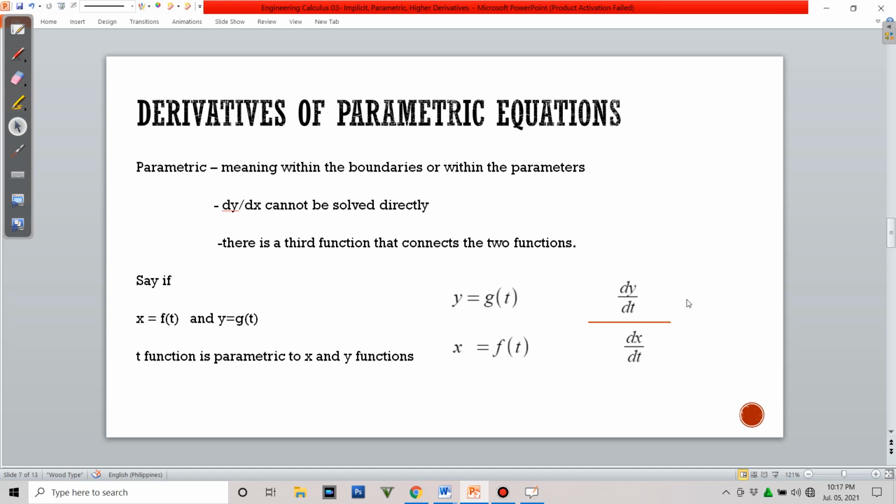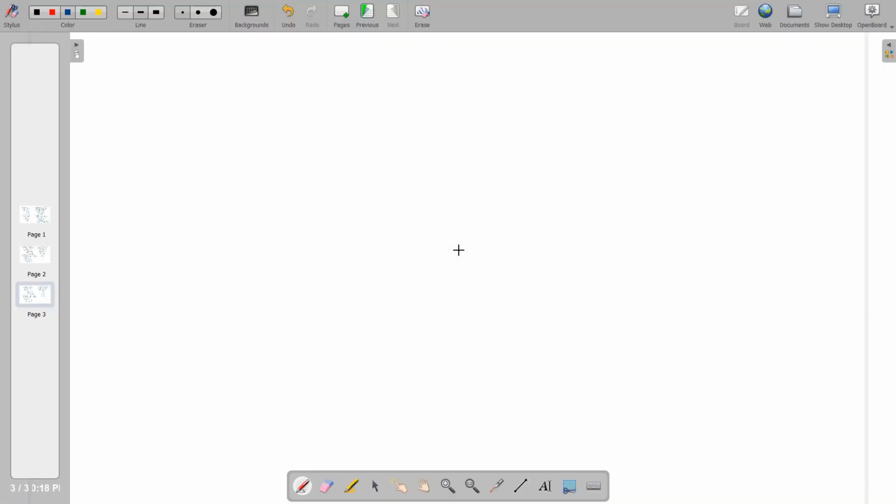Then we just divide the y derived equation by that of the x in terms of t, so that the common parametric function will be cancelled in our equation, and finally we come up with dy all over dx. And that is best explained through examples.